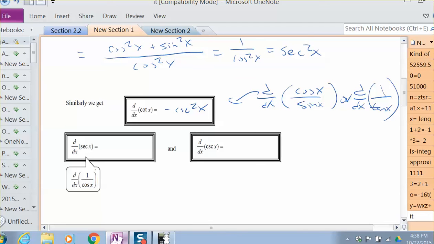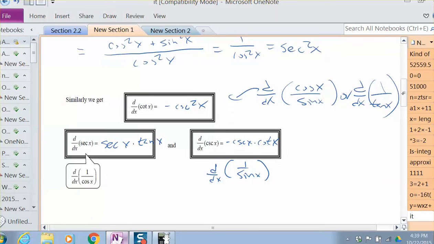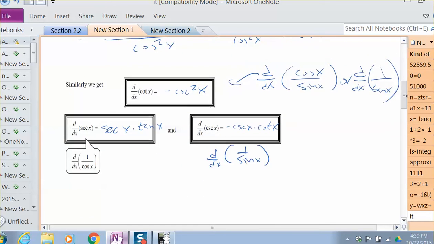Or if you do the derivative of secant, which is 1 over cosine, that would be secant x times tan x. So just take me at my word that these are the proper derivatives for those trig functions. Or the derivative of 1 over sine x, which is cosecant x, is negative cosecant x times cotangent x. So that's what we get there.